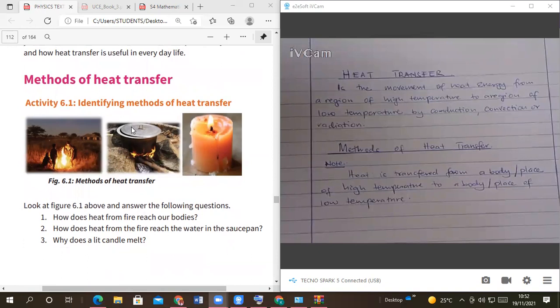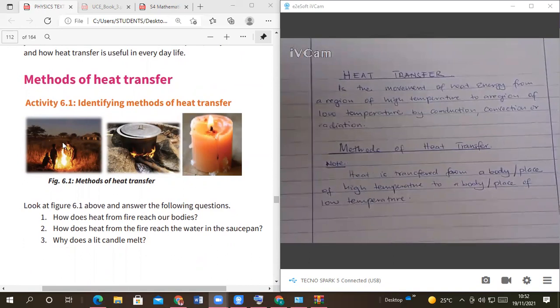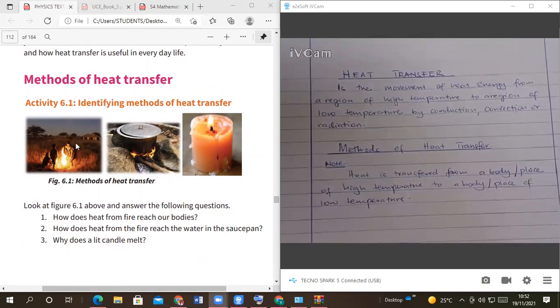Now, let us look at picture number 1. Which kind of heat transfer is taking place there? First of all, in picture 1, what is happening?